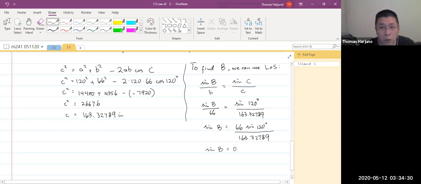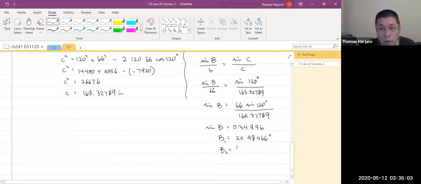I get 0.34996. So B is equal to sine inverse of that. That's 20.48466 degrees. That's B1. For B2, the supplement, that's 159.51534 degrees.